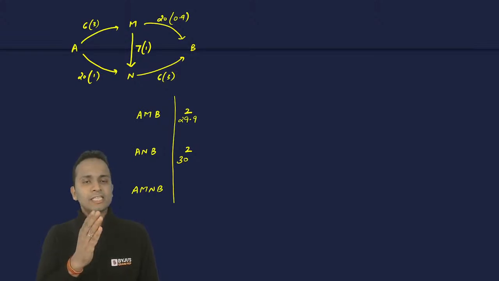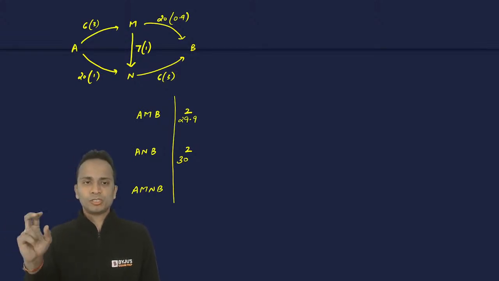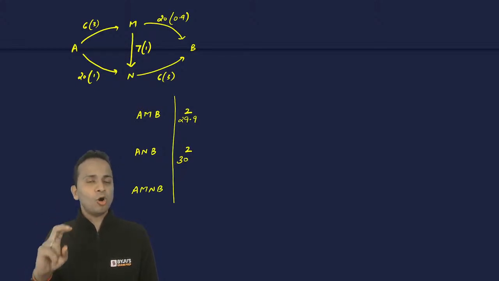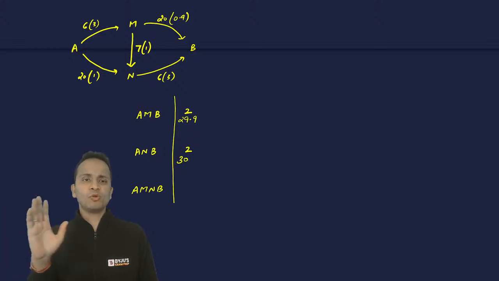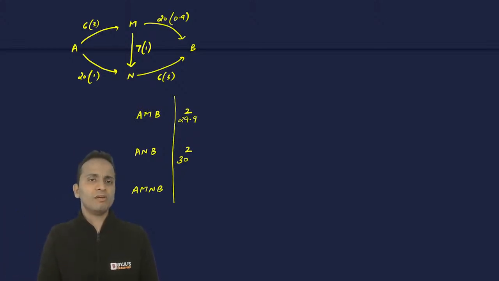Now we have already explored all the options. If all four cars stick to the first two routes, we have already explored that this is the most feasible way of traveling. So now I will be exploring the third route.